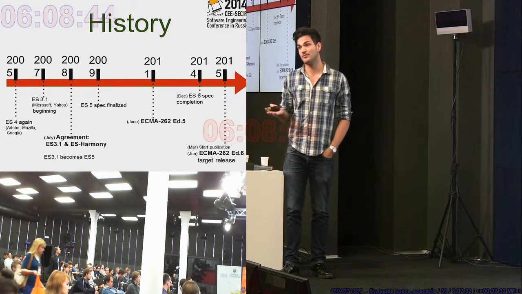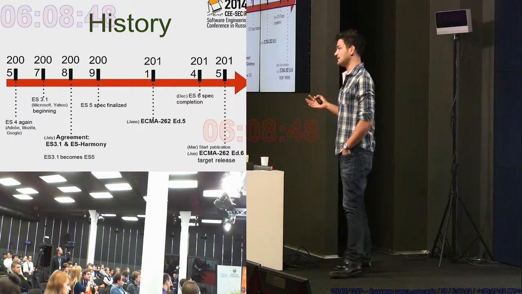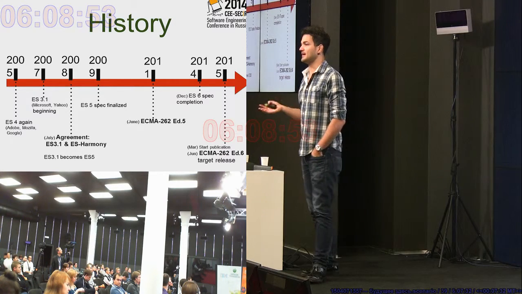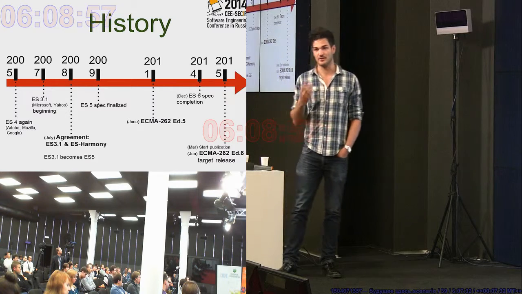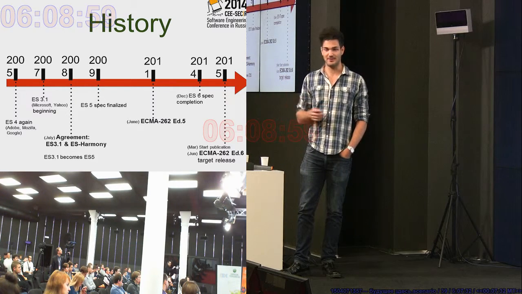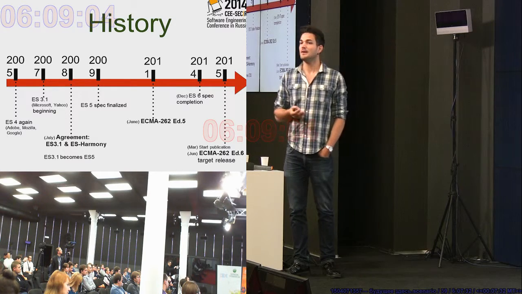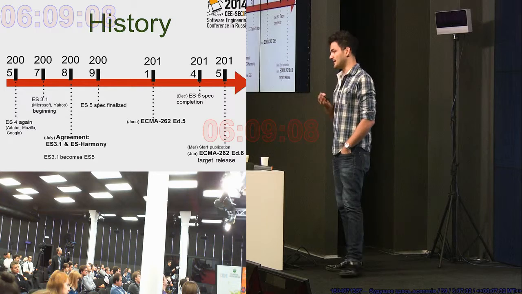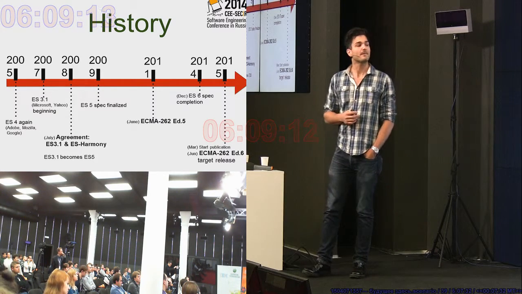And edition 4 basically was split, and part of it divided in different proposals, and those proposals are part of ES Harmony. So ES Harmony because we're supposed to bring harmony in the community. So at the moment, the features for ES6, which is basically the 6th version, are part of the ES Harmony set of proposals.